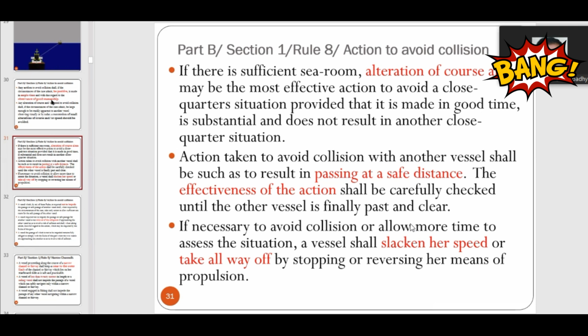So you think, I'm not sure; in a simple way, you are in doubt. You cannot understand now that there is one ship here, one ship there. If I alter course for this ship, I have determined the risk of collision with all these vessels around me. Now if I have to take action for these vessels, that will lead into close quarters and others.